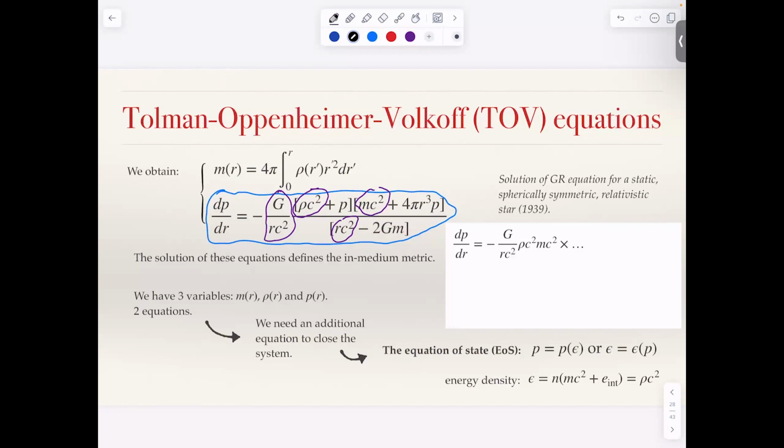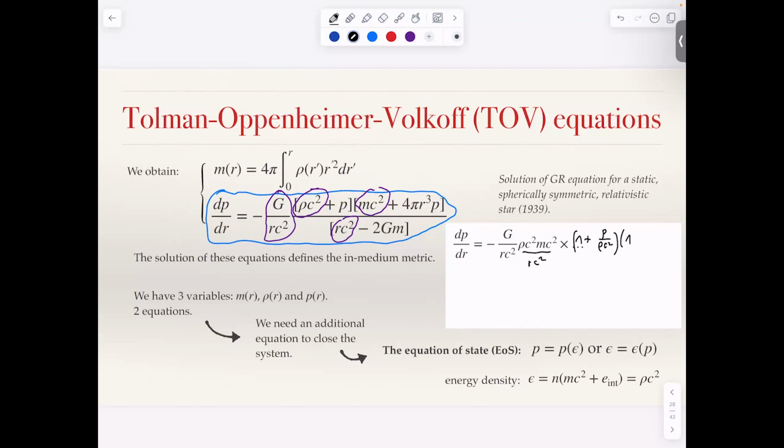So this is energy density. Then I have mc squared. Then I also have to divide by rc squared. And then I have 1 plus P divided by rho c squared.